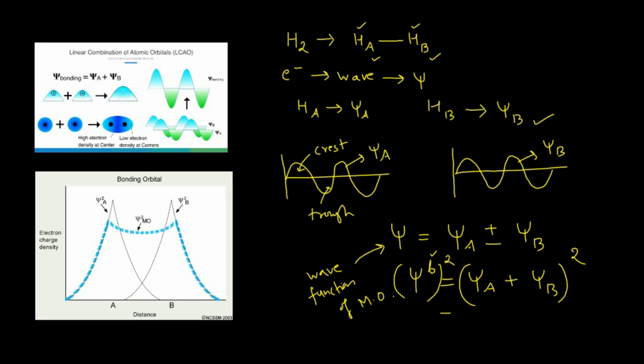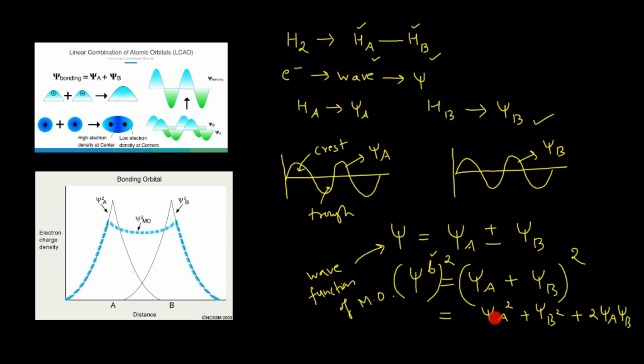When you apply simple mathematics, (A plus B) whole square is A square plus B square plus 2AB. So you will have psi A square, and then psi B square, and then plus 2 psi A psi B. This is very, very important.